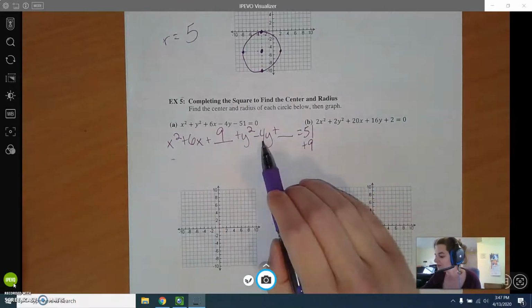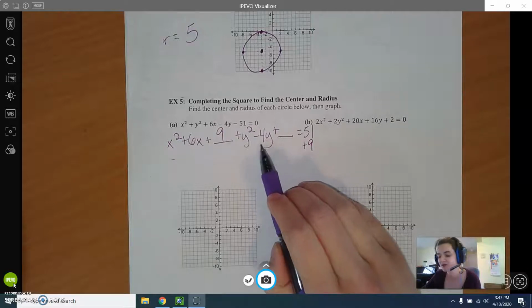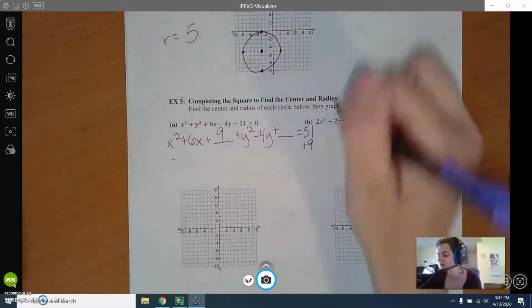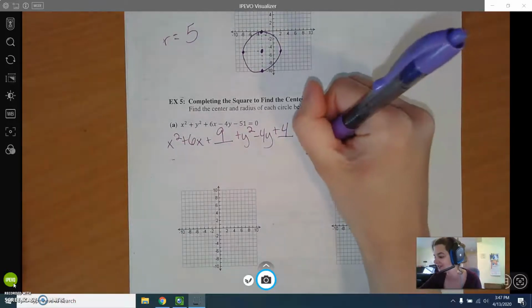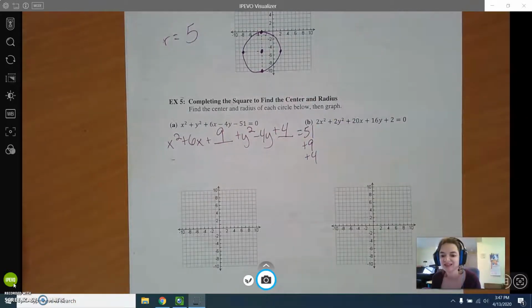In the y's, my middle term is a negative 4y, so I'm going to focus on that negative 4. Half of negative 4 is negative 2, and negative 2 squared is positive 4. So that's what I'm going to add to complete the square. And again, if I added 4 on the left side, I should probably add 4 on the right side so that it stays nice and balanced, okay?